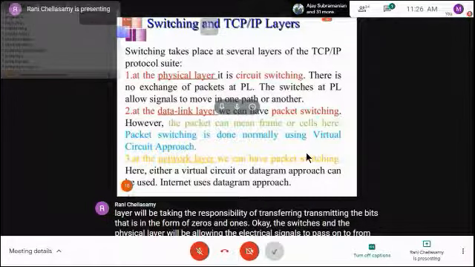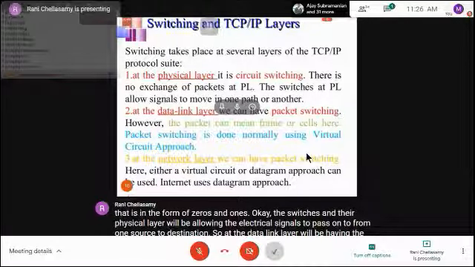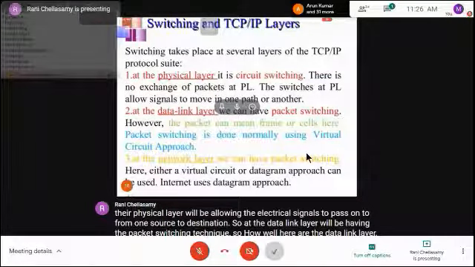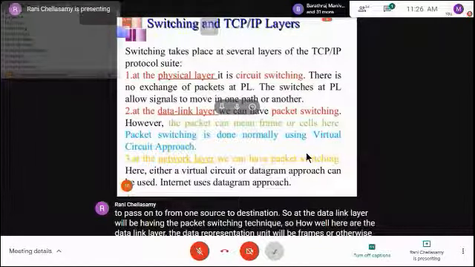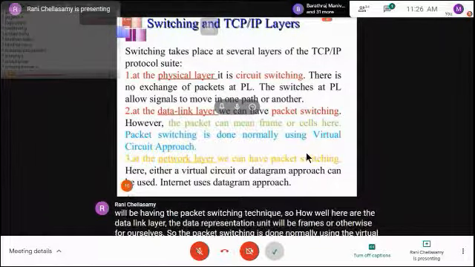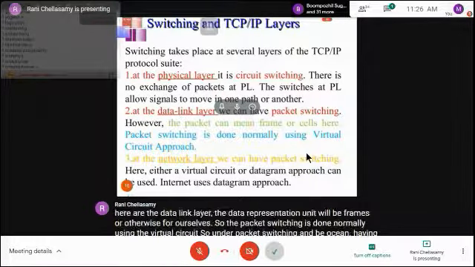However, here at the data link layer, the data representation unit will be frames, or otherwise called cells. The packet switching is done normally using the virtual circuit approach. Under packet switching, you have 2 approaches: one is the datagram approach and the other one is the virtual circuit approach. So at the data link layer, packet switching is possible.